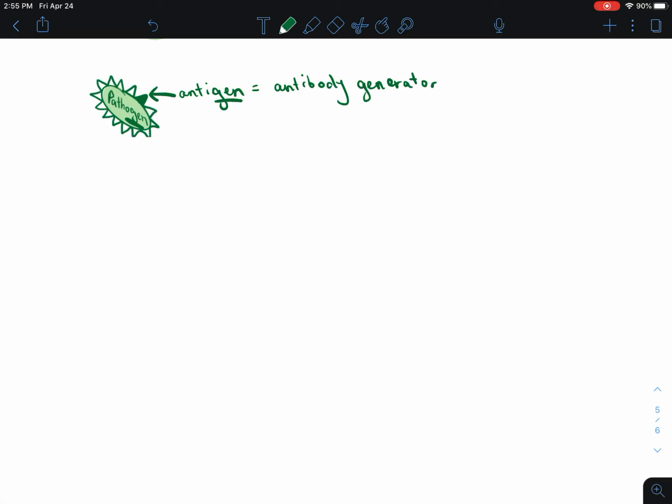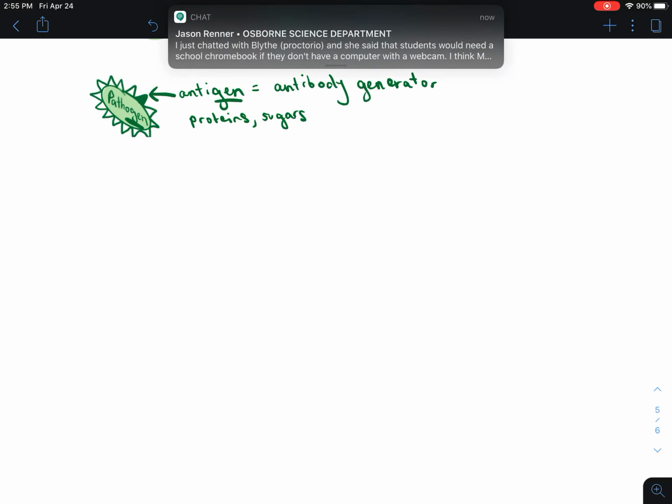Okay, so on your body cells, you actually also have self-antigens, and we'll learn about that with blood typing, that all of your cells have some little markers on the surface. They might be proteins, they might be sugar or carbohydrate molecules, but they're going to be signaling to the immune system that, hey, this is a part of your own body, this is a part of self, so you don't have to attack it.